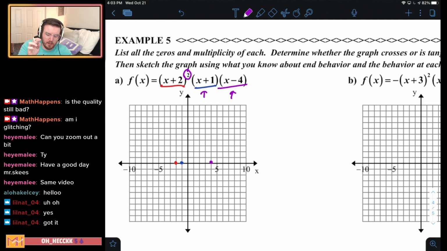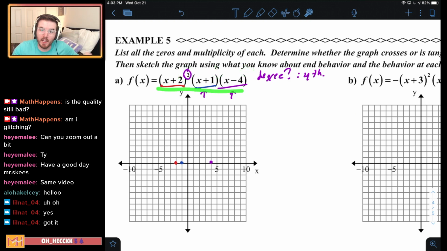Before I draw it, though, what is the degree of this polynomial? It is a 4th degree polynomial. 1, 2, 3, 4, right?